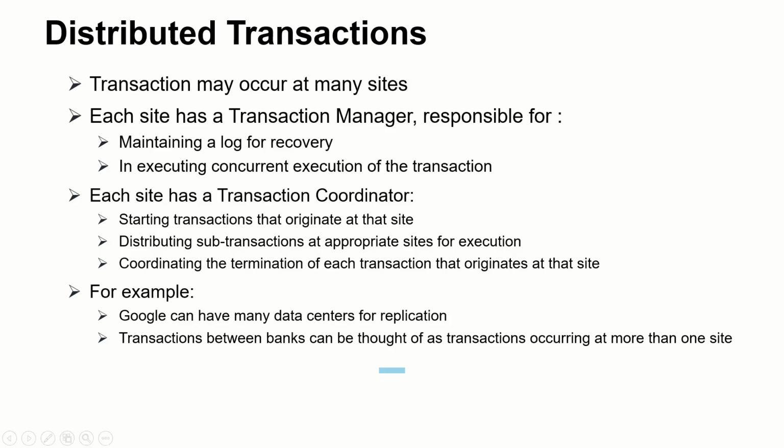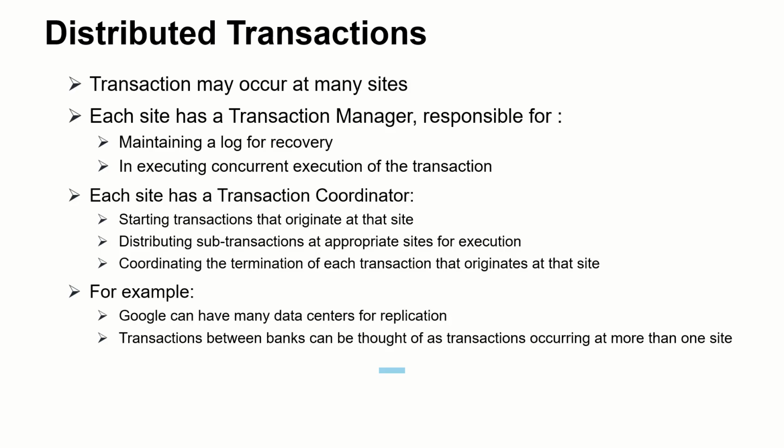We can go point by point. The first point is that a transaction may occur at many sites. So how are we going to handle these transactions at many sites? To handle this, each site has its own transaction manager and transaction coordinator.